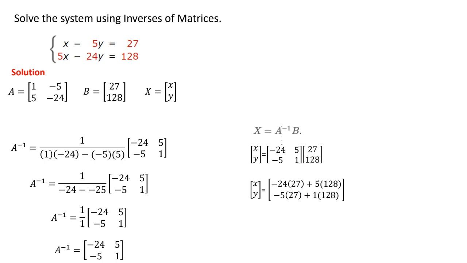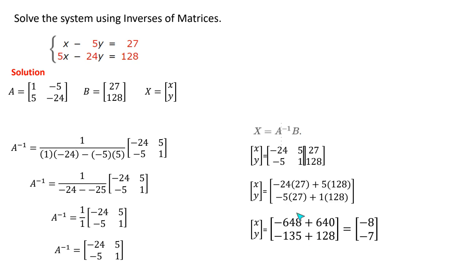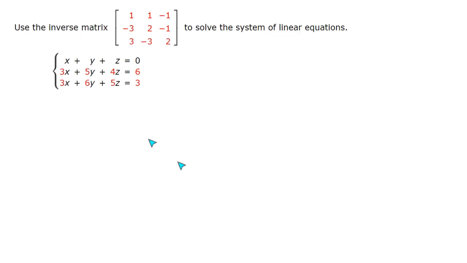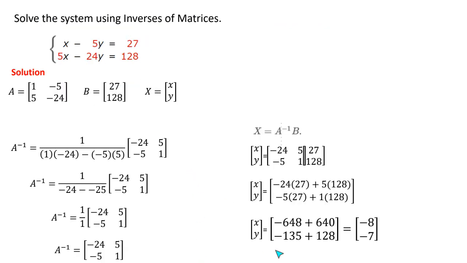If we simplify, then we get negative 648 plus 640, which is negative 8, and negative 135 plus 128, which is negative 7. So my solutions are, let me go back, x equals negative 8 and y equals negative 7.